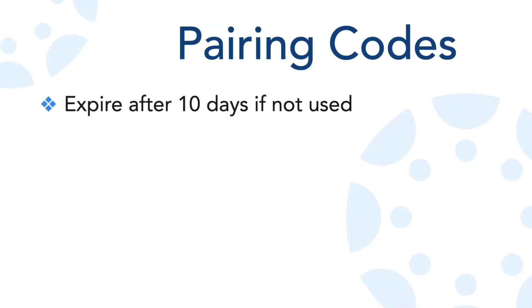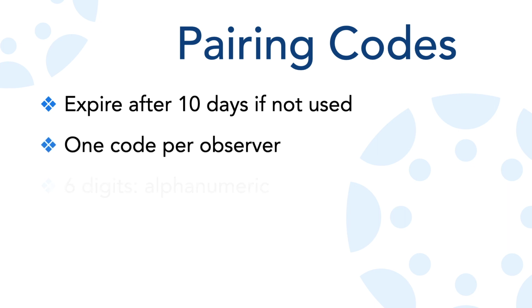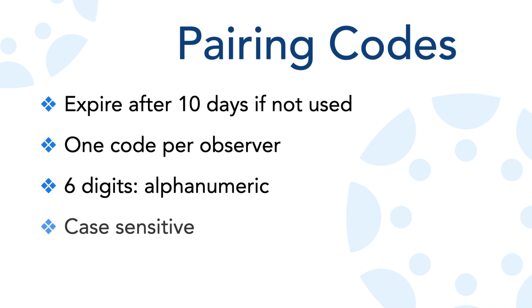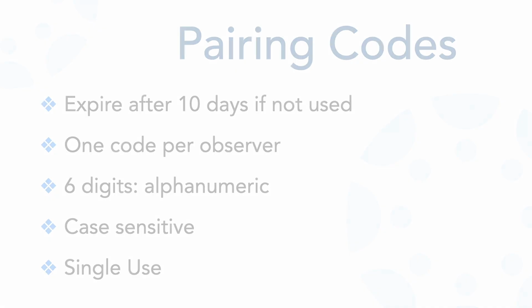Pairing codes expire after 10 days if they have not yet been used. 1 code is used per observer. The code is 6 digits, alphanumeric, and that is case sensitive like a password. Once a code has been used, it cannot be used again.